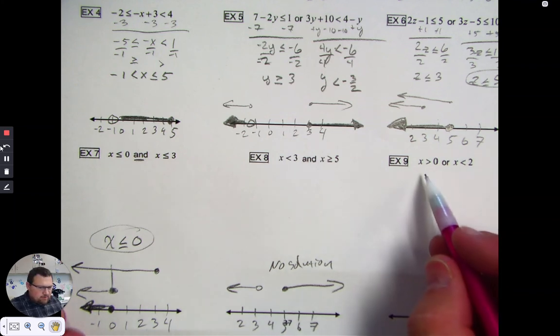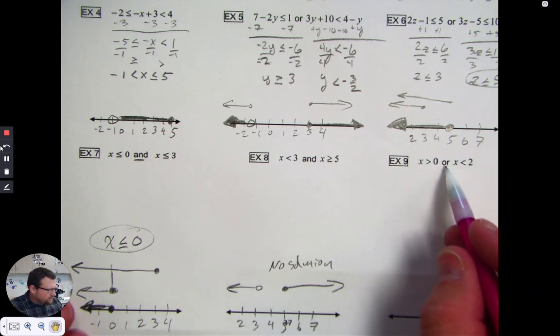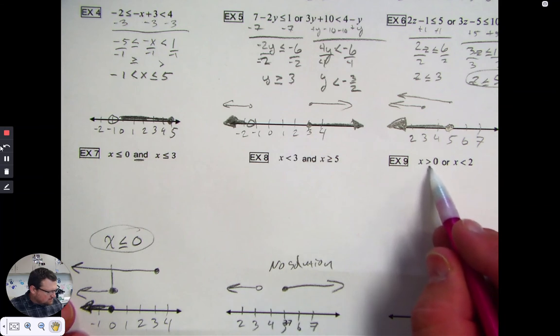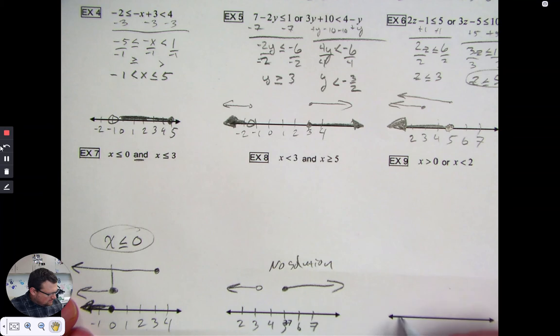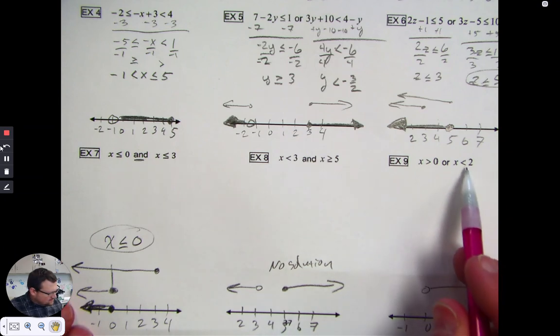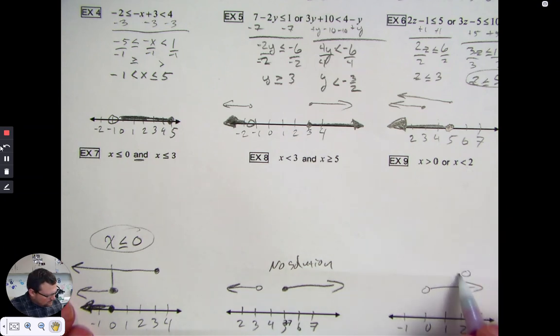Okay, and then for number 9, it's an OR statement. So it says x is greater than 0 or x is less than 2. So if I were to sketch this, my two different parts, so x is greater than 0 would be an open circle at 0 with an arrow pointing to the right. And then x is less than 2 would be an open circle at 2 with an arrow pointing to the left.